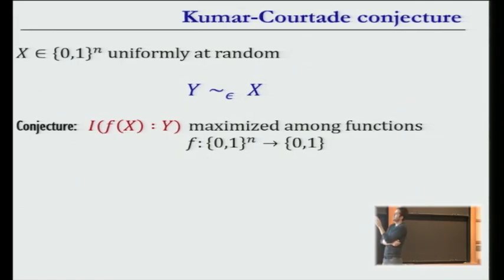X is a uniformly random n-bit string, and let's say Y is an epsilon noise version of X. Among all functions that map n bits to 1 bit, you want to maximize the mutual information between this 1 bit, which you output about X, and the string Y. So I have 2 correlated strings. I get to output 1 bit about one of them, and I want that bit to have as much information about the other string as possible.